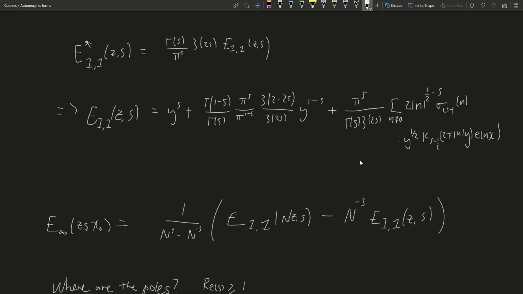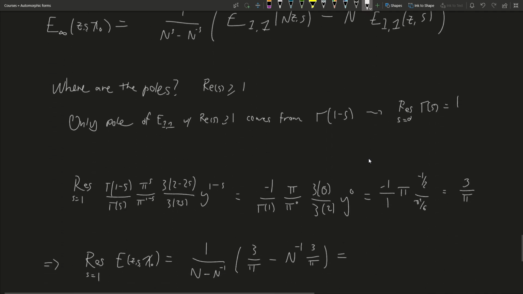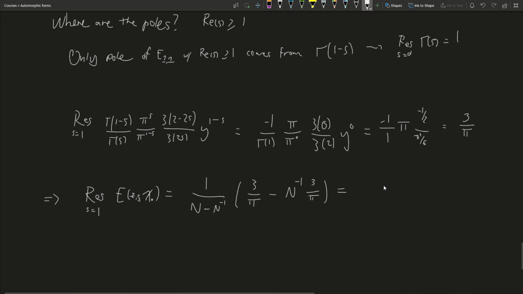I'm suspicious again. Okay, yes, no, okay, yeah, this is right. So we get a 1 minus n inverse over n minus n inverse times 3 over pi.